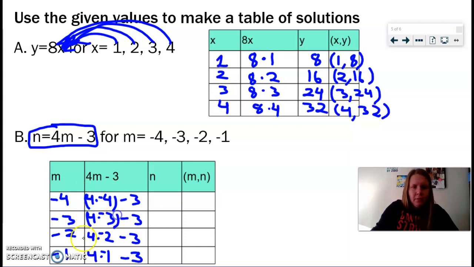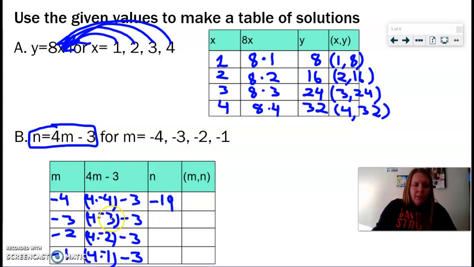So if you want to, you can put in parentheses here to help you remember that. Because once I solve out this part, that's what n equals. n equals 4m minus 3. So 4 times -4 gives me a -16. -16 minus another 3, so it's going to go further into the negative, so it's going to be -19.